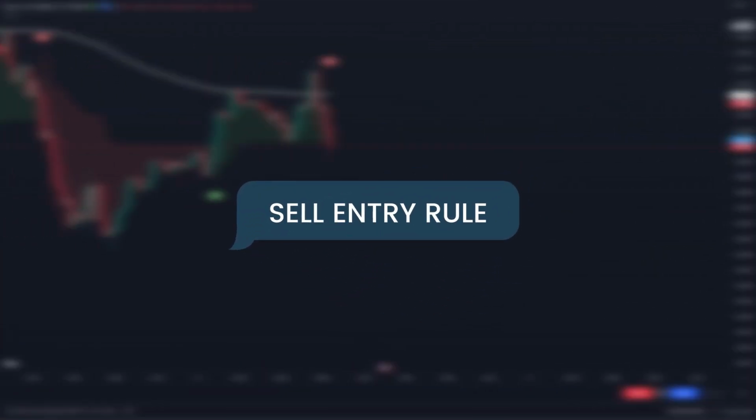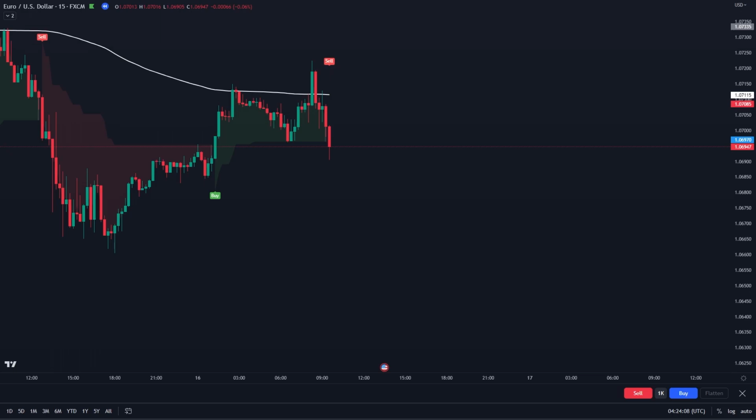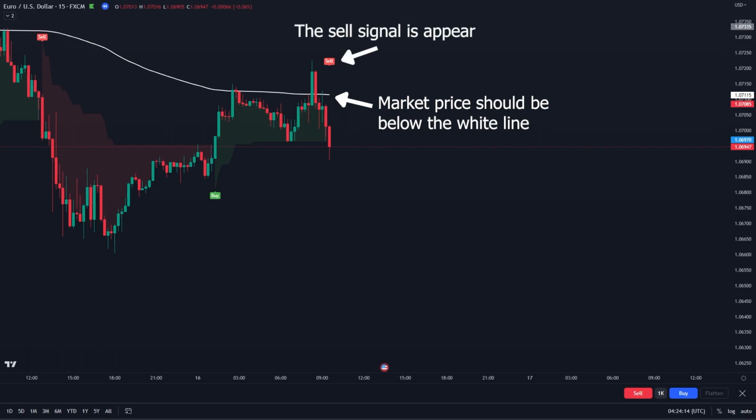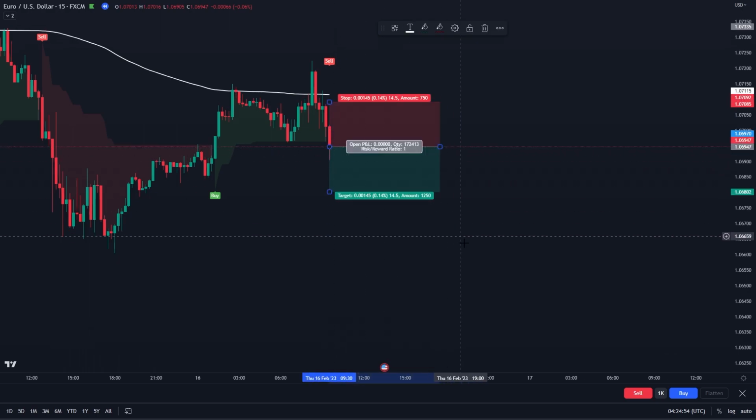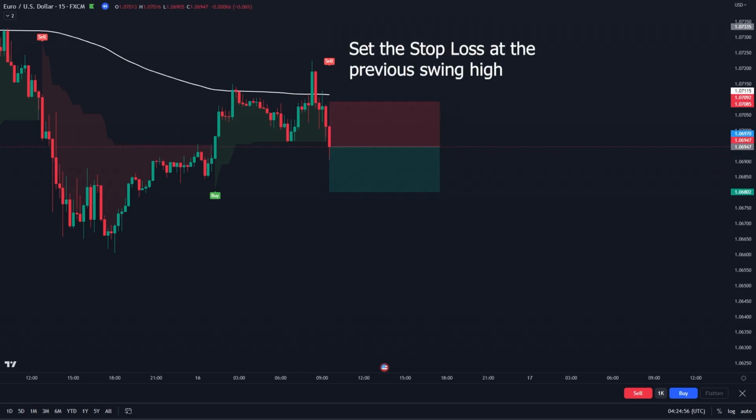This is the example for doing a sell order. You can see in the chart, the market price should be below the white line. Then the sell signal appears on the Supertrend indicator. With this condition, you can place a sell order. Set the stop loss at the previous swing high.